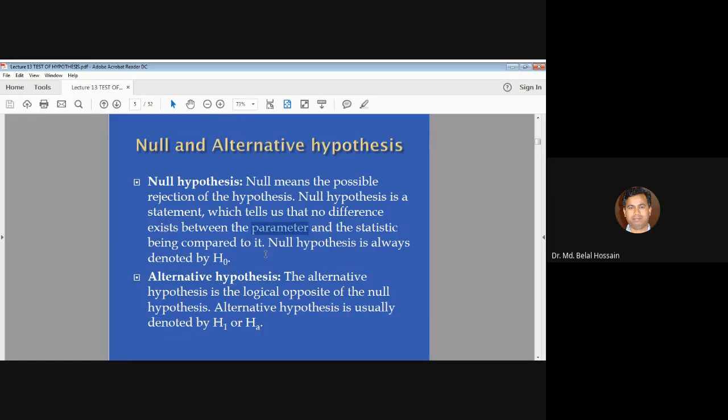So if you say that more than 50% of our politicians are corrupted, that is your null hypothesis. Alternative hypothesis can be that it is not true.